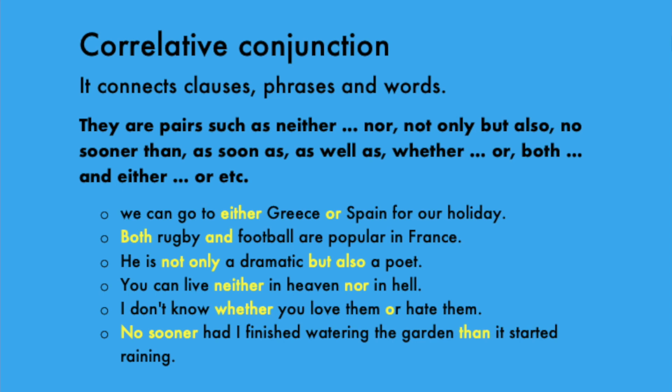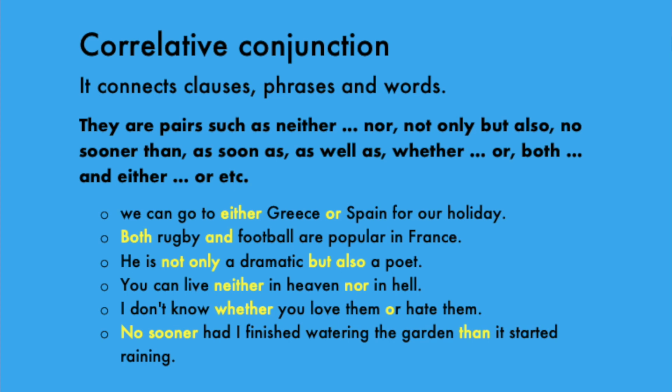Next one is correlative conjunctions. They are pairs such as neither nor, not only but also, no sooner than, as well as, whether or, both and, etc. These conjunctions connect two balanced clauses, phrases or words. We can go to either Greece or Spain for our holiday. Either or. Both rugby and football are popular in France.